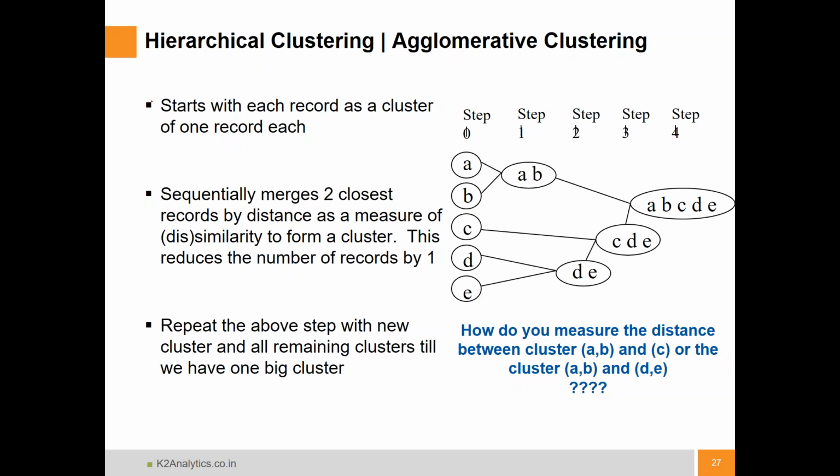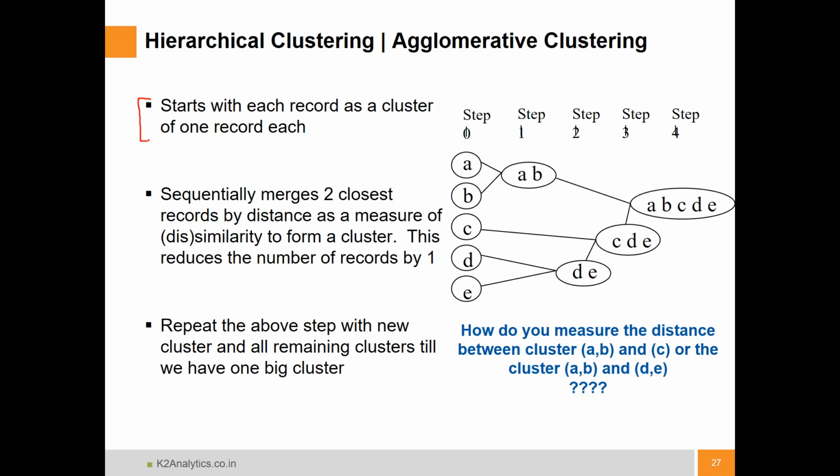Step 1 in agglomerative clustering, or hierarchical clustering, is that each record by itself is considered a cluster. I'm again repeating this statement. You got 1 million records, which means you are starting with 1 million segments.